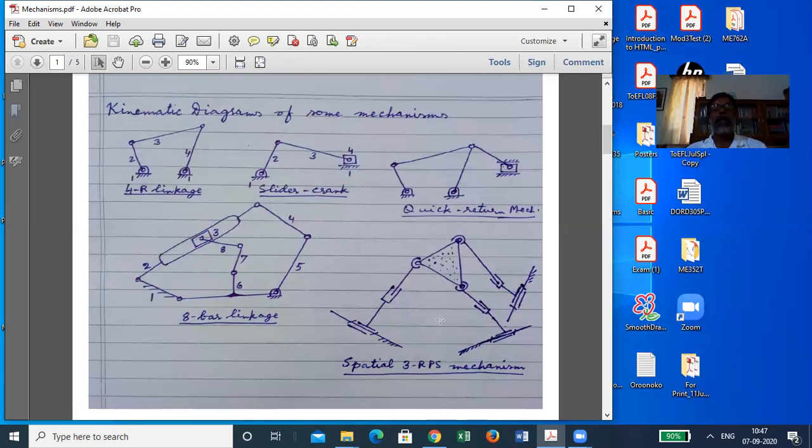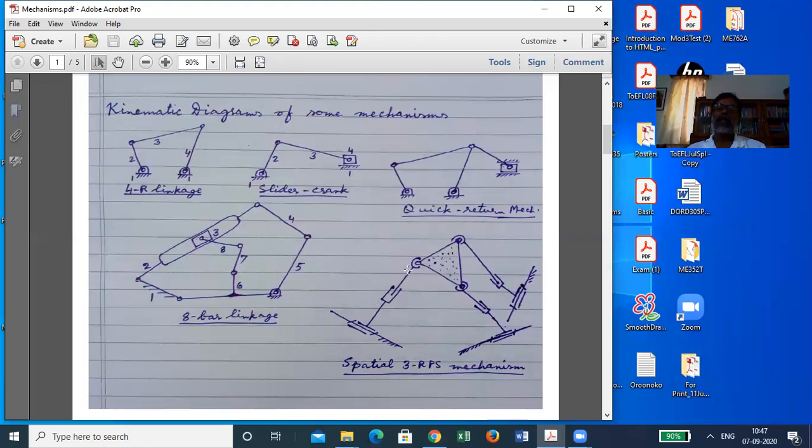Now, here I have given an example of a special mechanism. It has a name, 3RPS. Why RPS? Because this is a revolute pair between the frame and this slot. Then there is a prismatic pair between the slot and the slider.